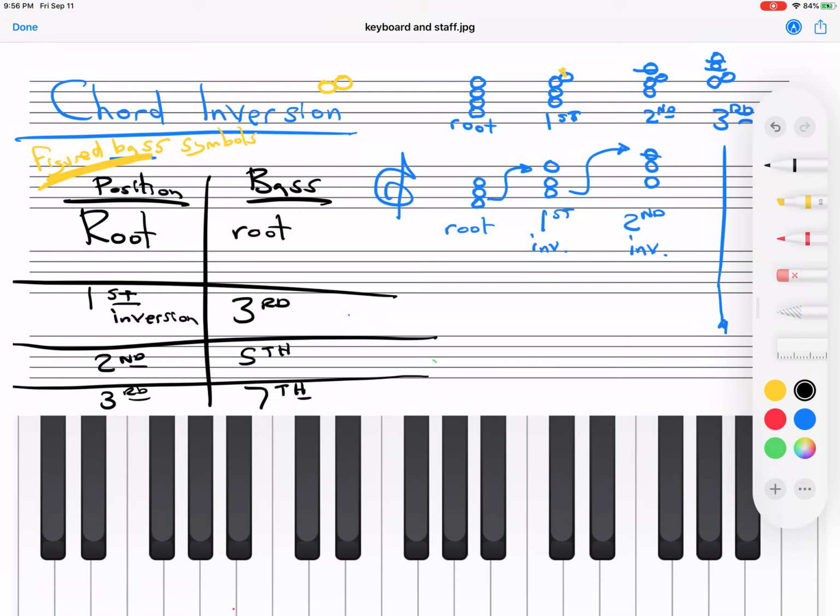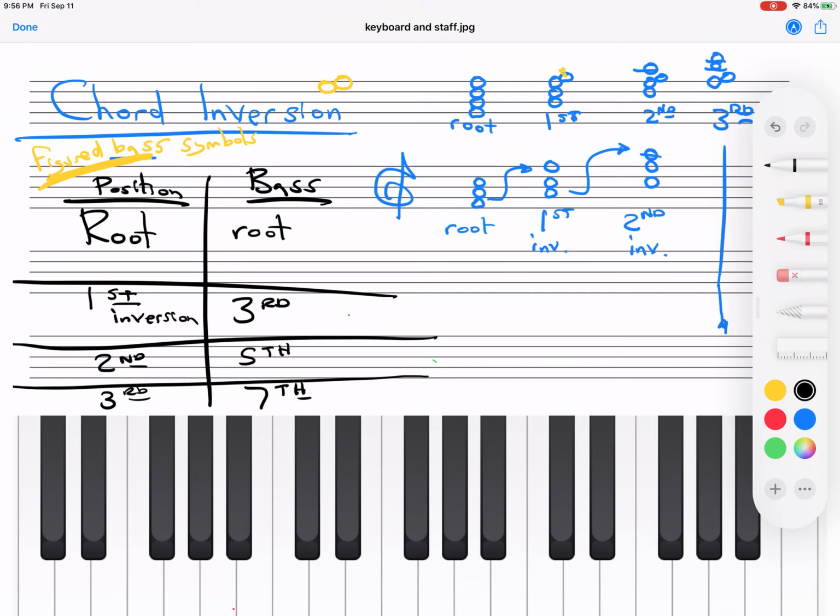All right. So when you're taking a look at a chord and you recognize that it's in first, second, or third inversion, now you know what part of the chord should be the lowest note, whether it's written like this as you see in the music up here or in some other manner.